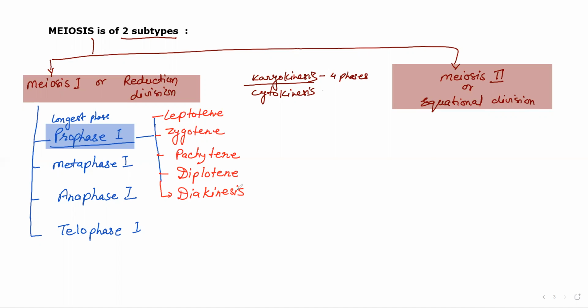These are the 5 subphases of prophase 1. Very important, and that is why it is called the longest or most complicated phase of meiosis 1.